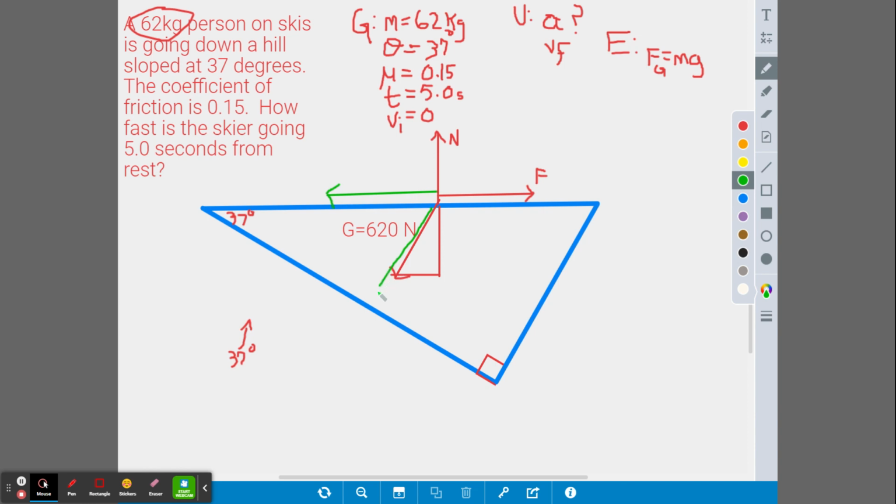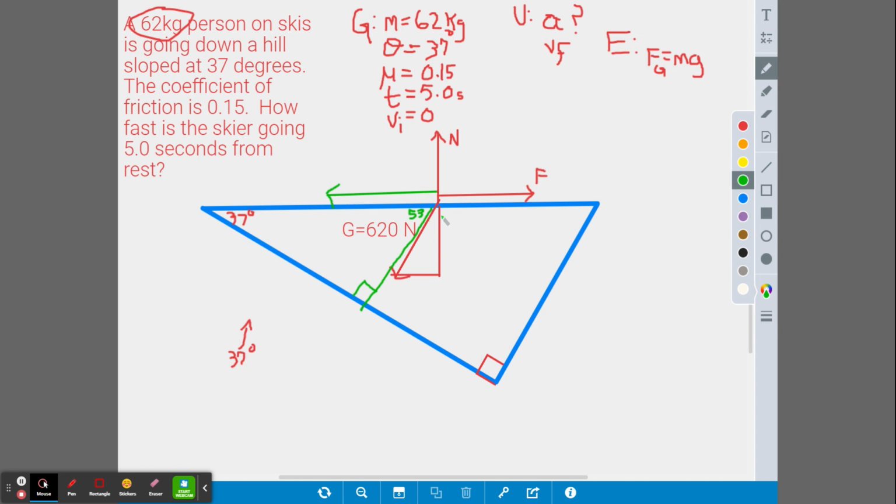So for this right triangle, we can know what this angle is. 37 degrees and 90, 37 plus 90 plus this angle should equal 180. And these two angles added up should equal 90. So 90 minus 37. And this angle here is 53.